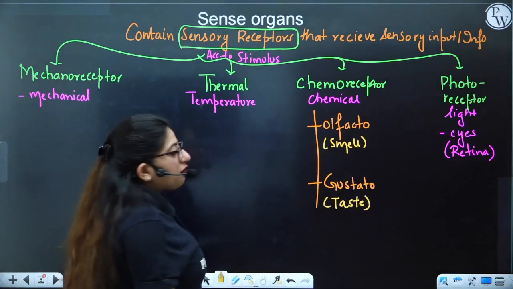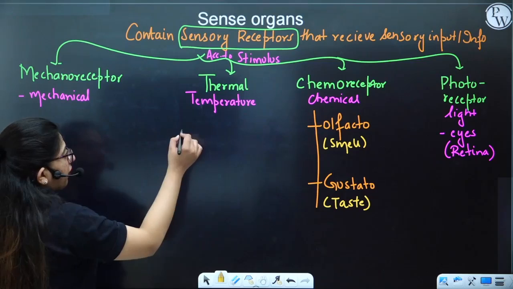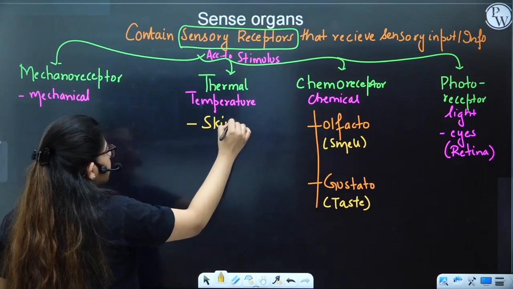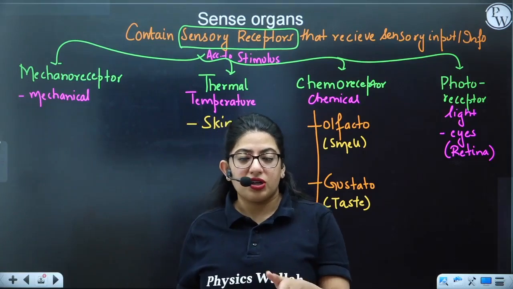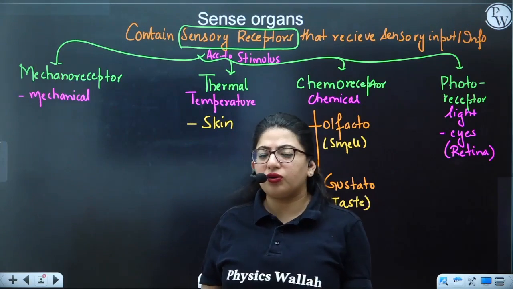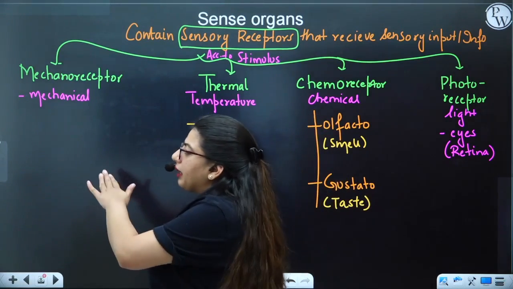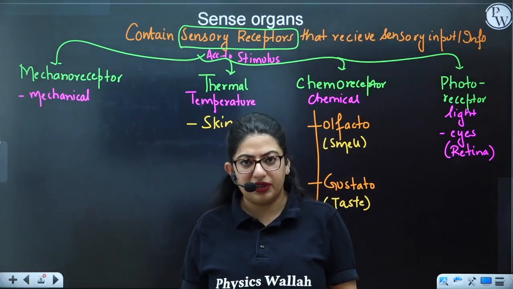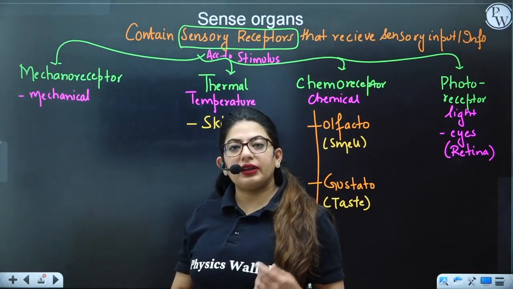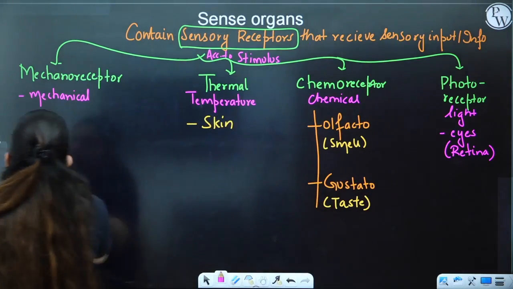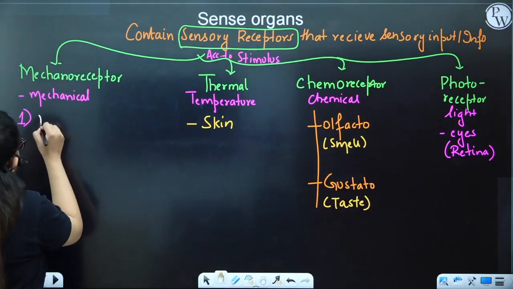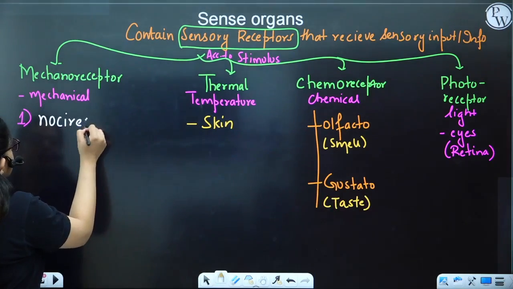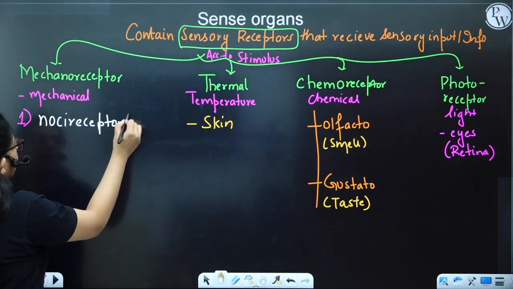Then we have thermal receptors, where the stimulus is temperature. Like when you touch anything hot, you get to know it's hot. You touch anything like ice, you get to know it's cold. Then we have mechanoreceptors that receive the mechanical stimulus. In the mechanoreceptors, we have different types of receptors. First is the nociceptor, which is for pain.